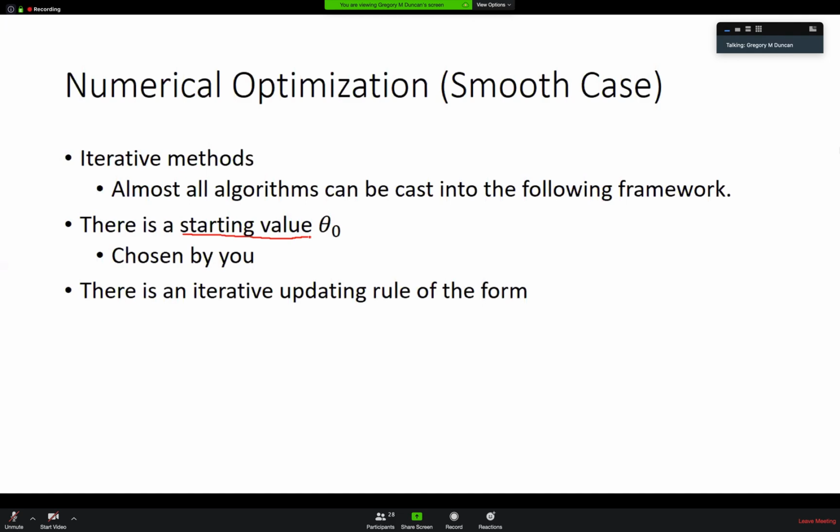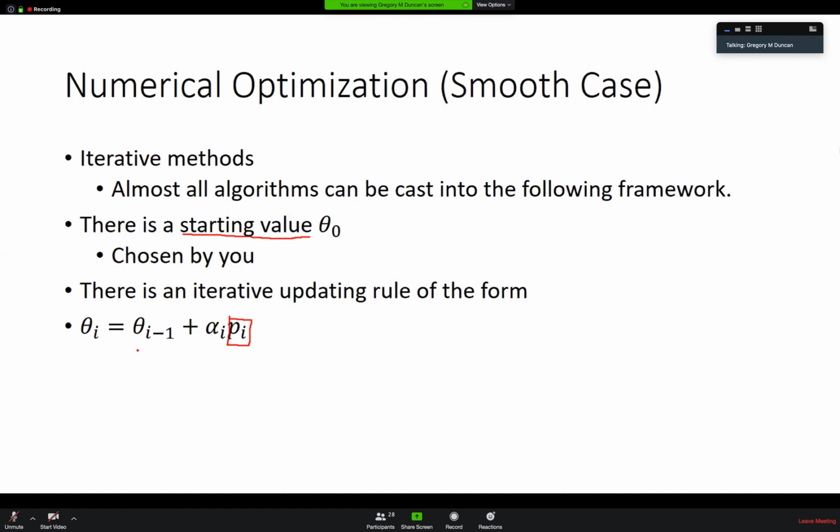Then there is an updating rule of the following form. You're going to start with a theta 0. P is going to be a direction, so it's going to be a vector. This might be a 2 vector, this is a 2 vector, and alpha is going to be a constant.